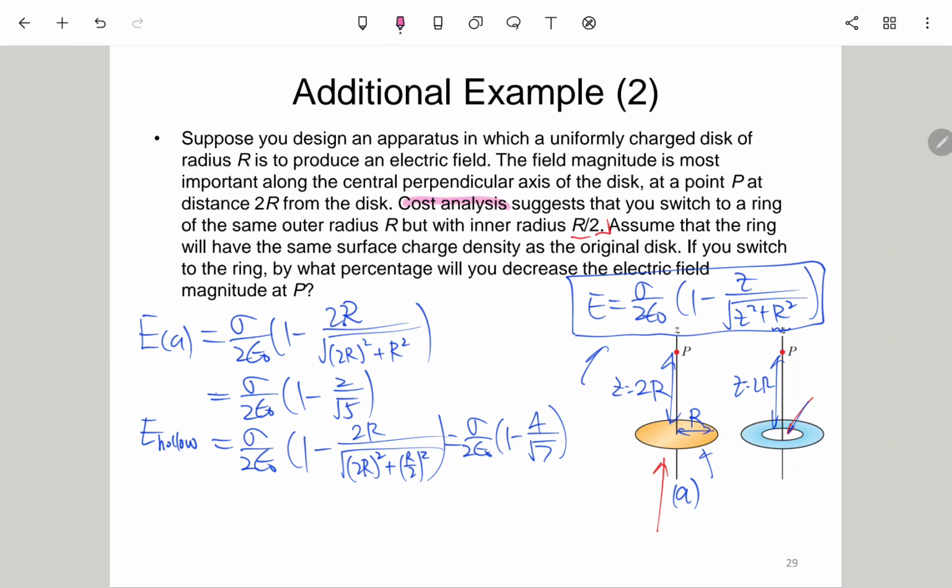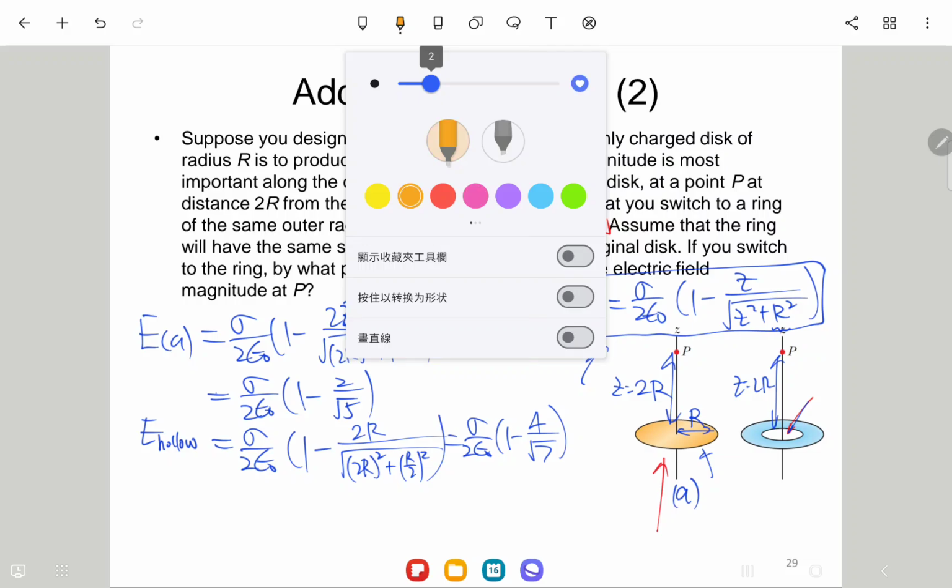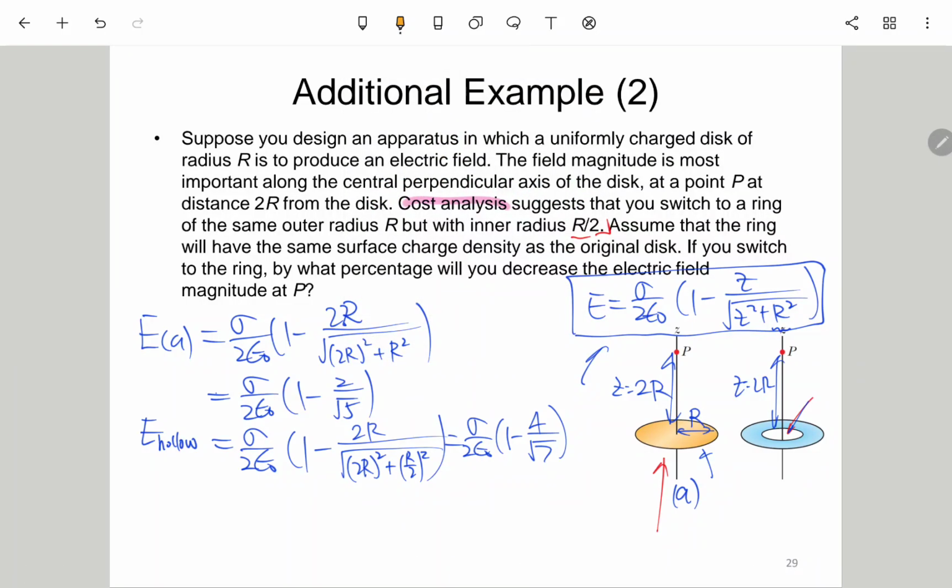Okay, so it just asks you by what percentage you decrease the electric field magnitude at point P. Which means that this percentage of reduction is actually E hollow over EA.